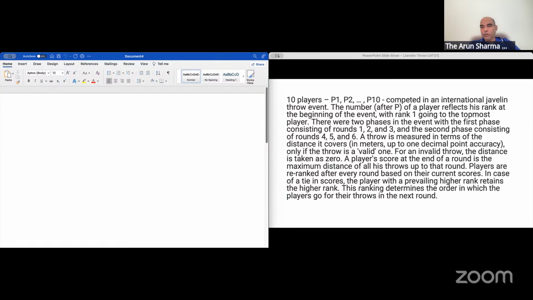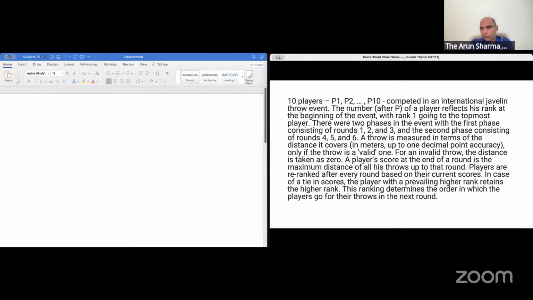So without any further ado, let me start discussing this set because this is one of the toughest. Why did I choose the javelin throw set? I could have gone to many more. I've already done one of the sets on Erdos number in this series. Erdos number had historical importance in the context of CAT because it was one of the sets that signaled the differential that was going to happen in the CAT going forward, the first time something like that was asked.